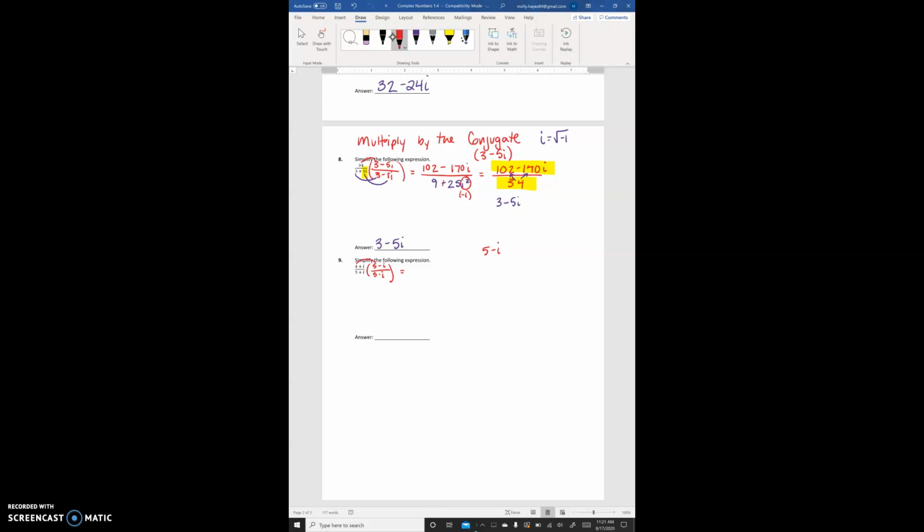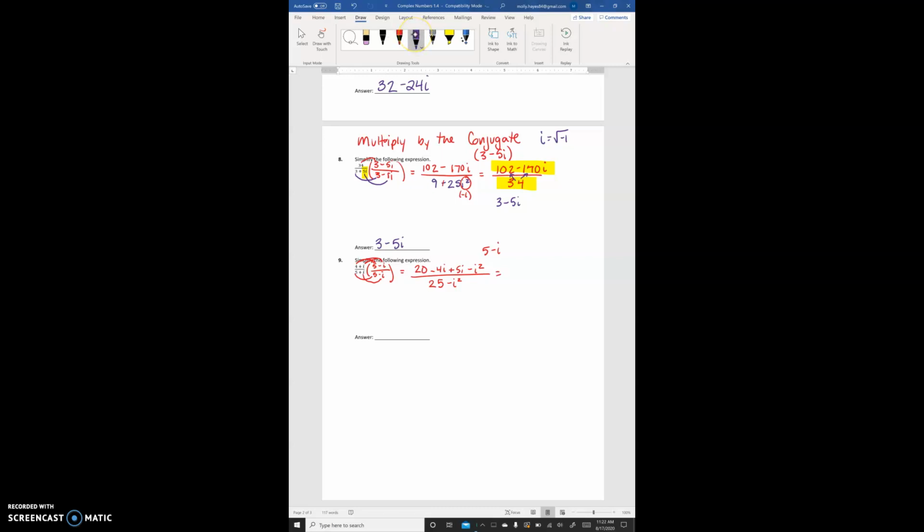So we have 5 times 4, 4 times negative i, 5 times i, and i times negative i, which is negative i squared. In the denominator, we're going to do 5 times 5, and i times negative i, which is negative i squared. I'm going to skip the middle 2 in the denominator since that's the conjugate, and those terms will cancel.